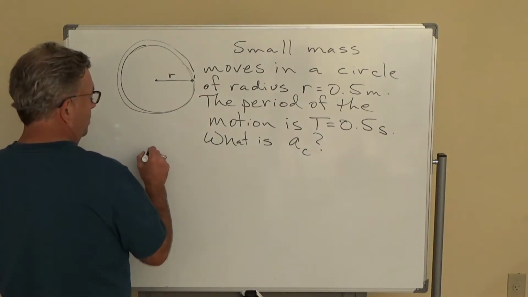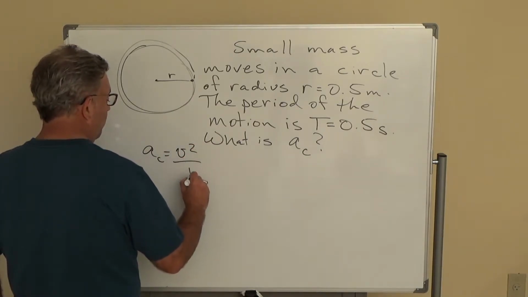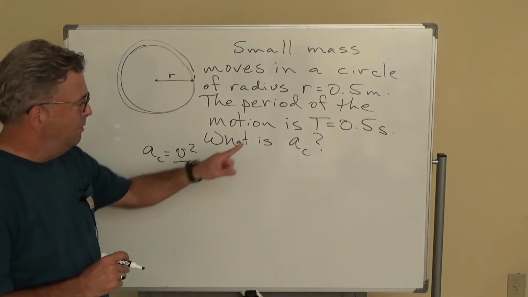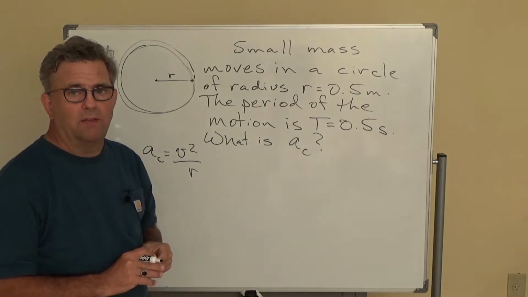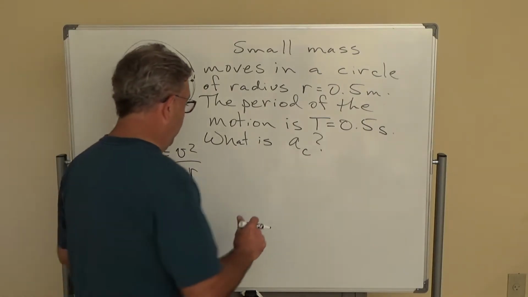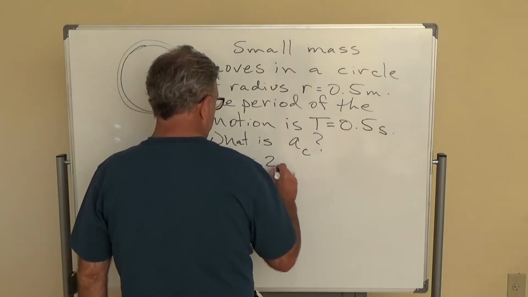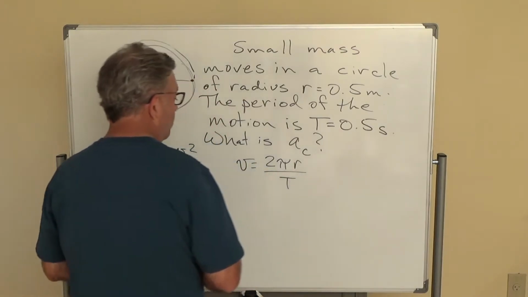So we know that the centripetal acceleration is v squared over r. We don't have v, but we have the period and we have r. We can calculate v, because v is equal to 2 pi r over T.